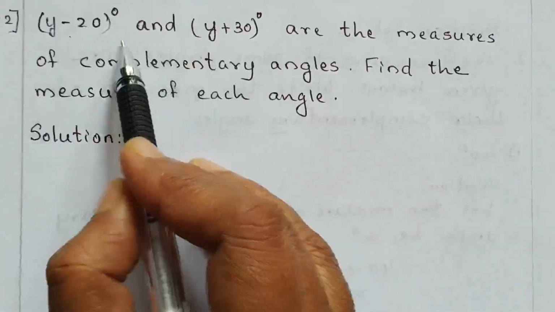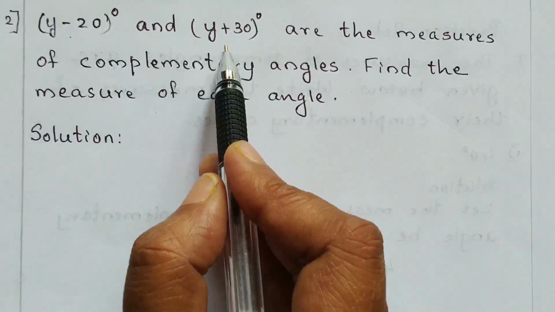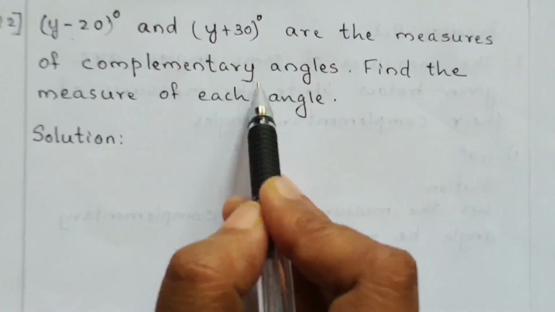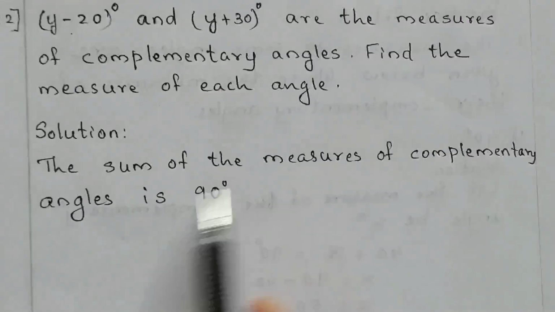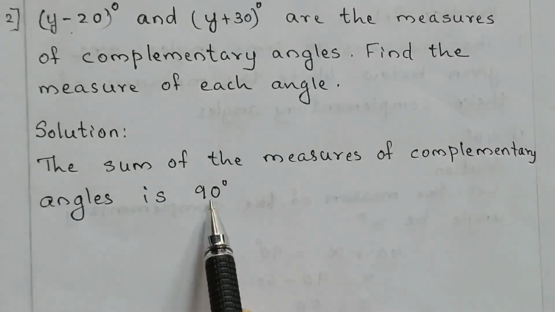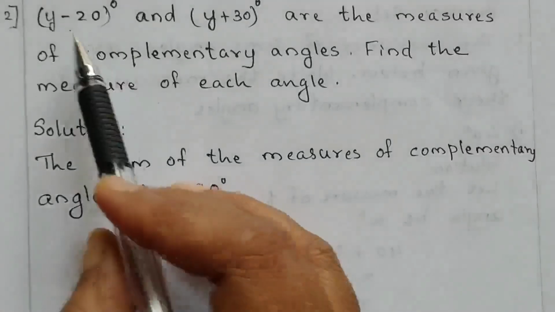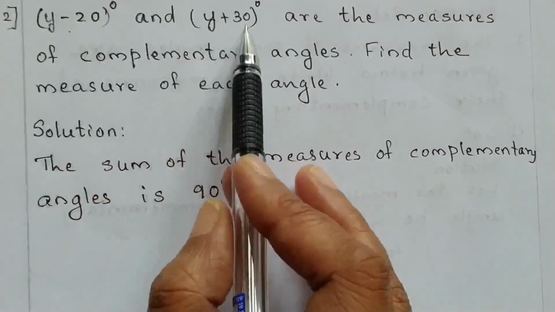These are the measures of two angles which form complementary angles. You want to find the measure of each angle. The sum of the measures of complementary angles is 90 degrees. Now your angles are y minus 20 and y plus 30.